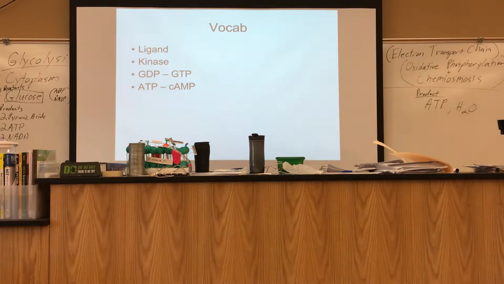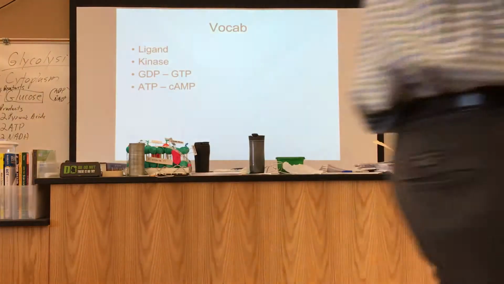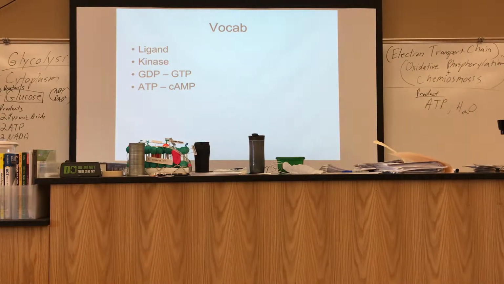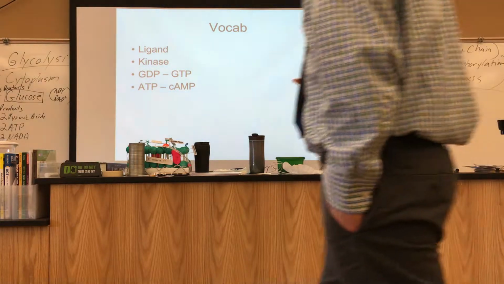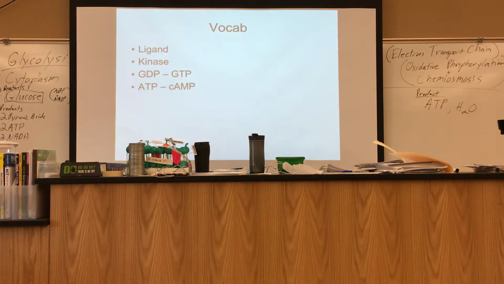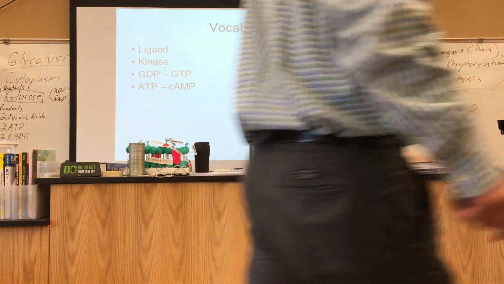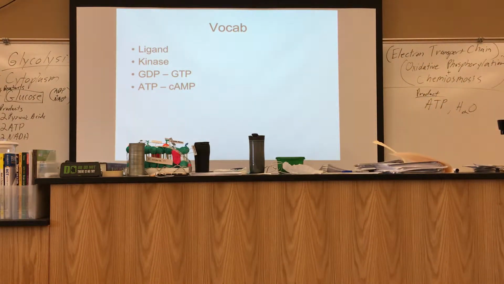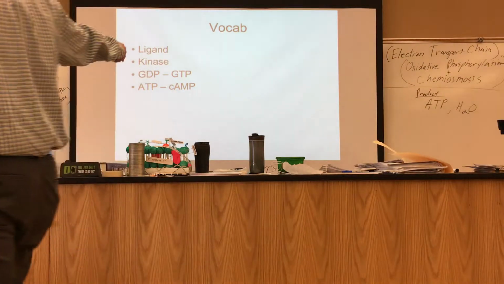The first one's ligand. I think I've mentioned ligand before, but anything that binds to a receptor is known as a ligand. A kinase is an enzyme that phosphorylates things, right? That energizes things. So if you have an enzyme that's phosphorylating a protein, a motor protein possibly, that enzyme could be a kinase.